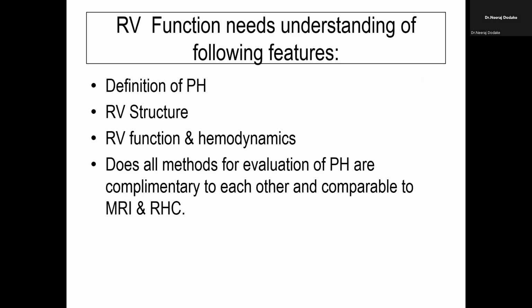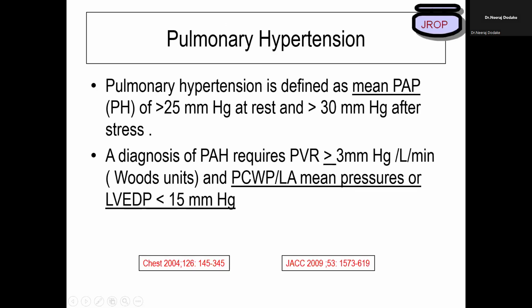If somebody asks you today what is the most important and most reliable method of assessing RV pressure, take my word, MRI and right heart catheterization will come close by. Whatever we do, echocardiography is a good method, and especially three-dimensional echo is comparable with MRI and right heart catheter.